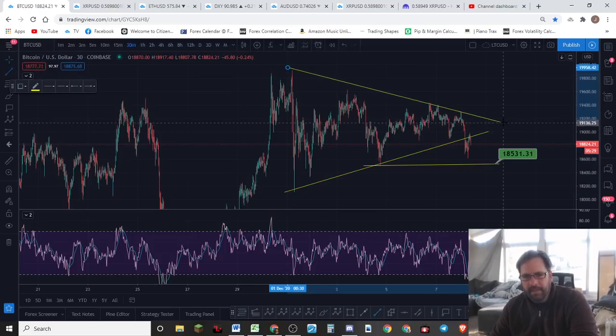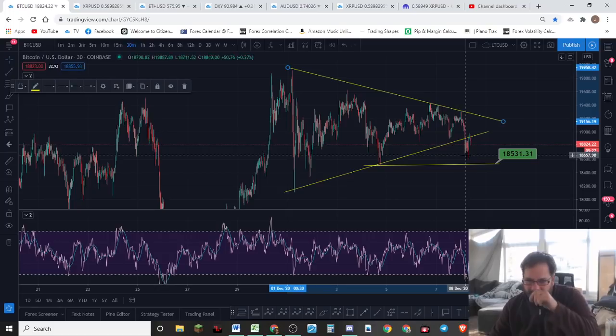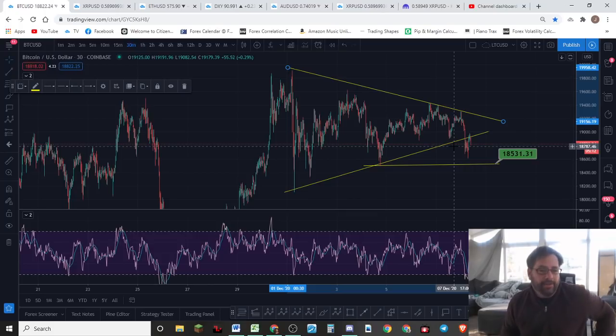So last night we had a break to the downside, and I said that was very possible in yesterday's video. And so we want to talk about what Elliott Wave counts this could be, and what we could expect in price.